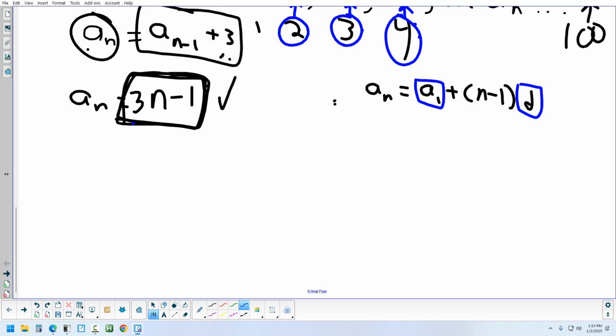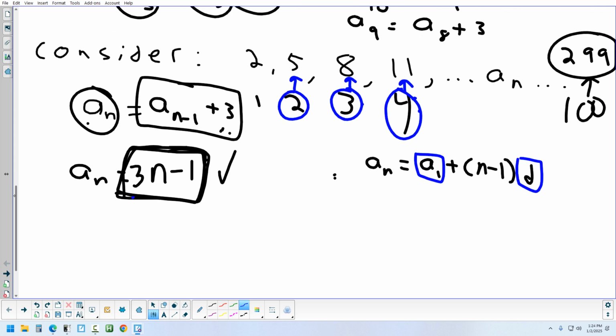So look at this sequence of numbers. What's the first term? Two. First term is 2 plus n minus 1. And now d is what you add each time. What are you adding each time to get from one to the next? 3. Let's do that out and see if it gives us the same answer.